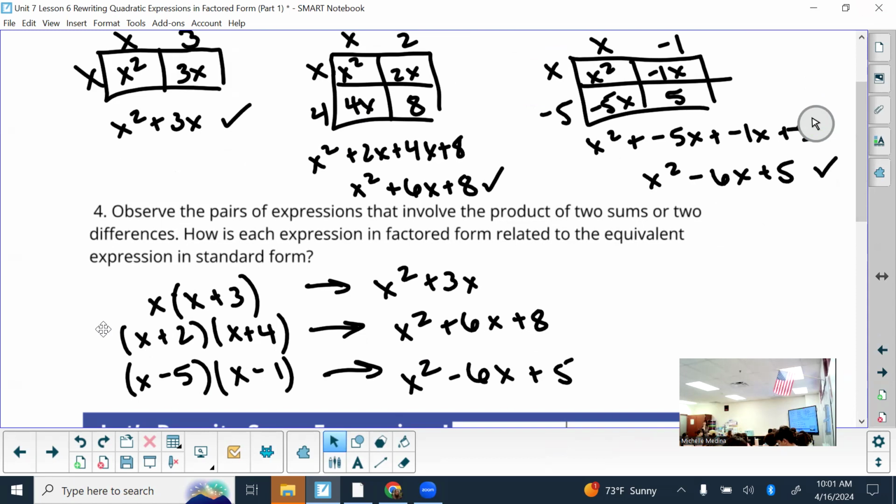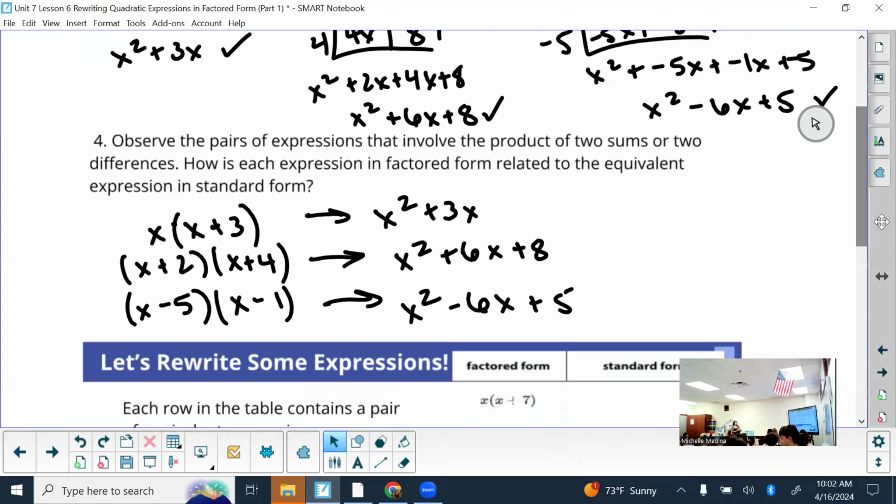Anyone? It's a bit obscure. I know because I know what they're trying to allude to. But if you could summarize it, the constant in your expression always ends up being the what of the two numbers?